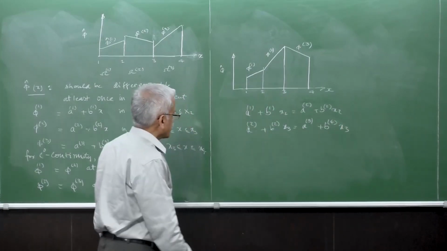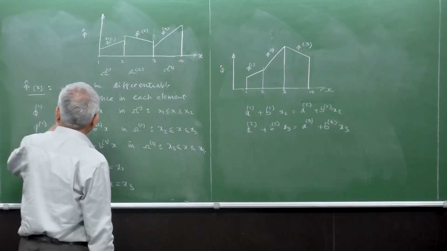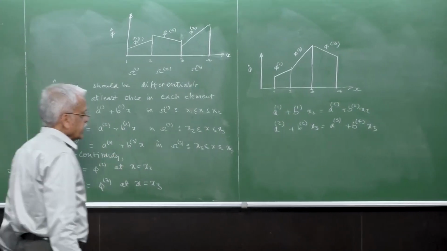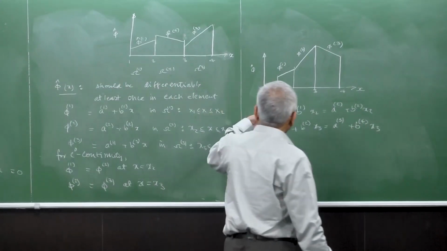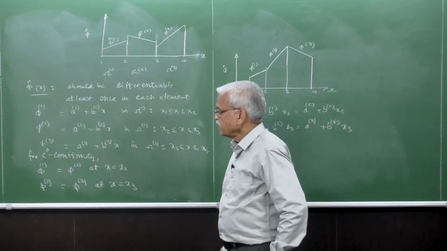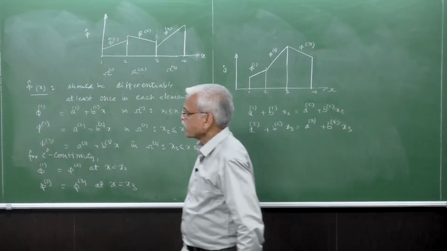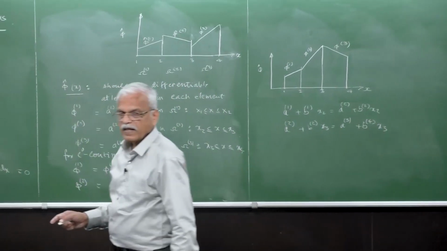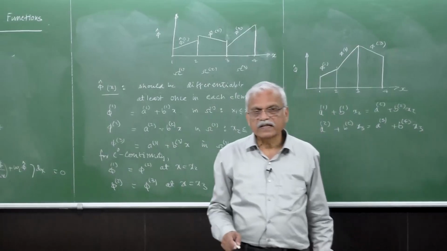So that means that we have, if you look at the approximation, we have 6 constants, right? And then we have 2 constraints coming because of the continuity. And then the other 2 more constraints are coming because of the boundary condition, phi is equal to phi a, phi b. And then that leaves 2.